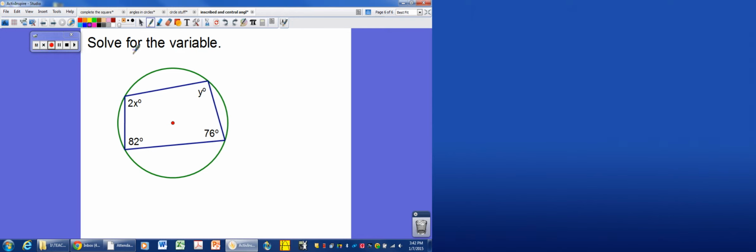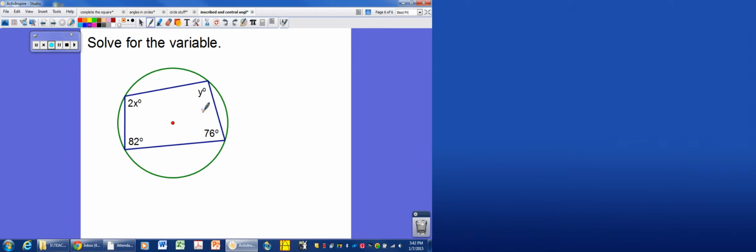Okay, so here's our last problem. These four things are the four angles of a quadrilateral, so they should all add up to 360. But this is not rectangular, so it's not going to be anything too pretty at all.